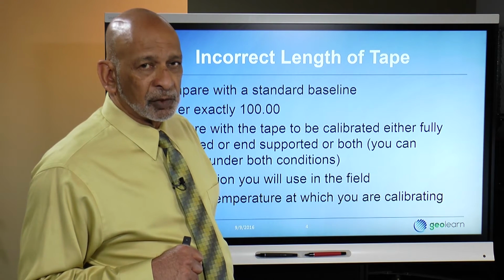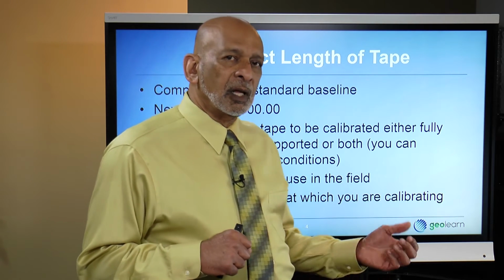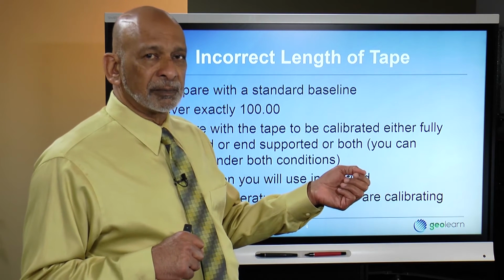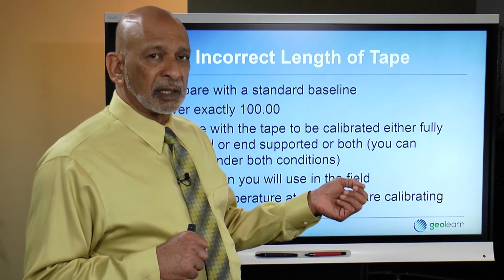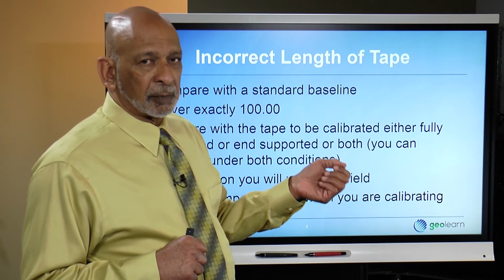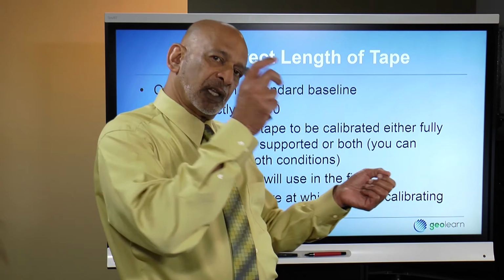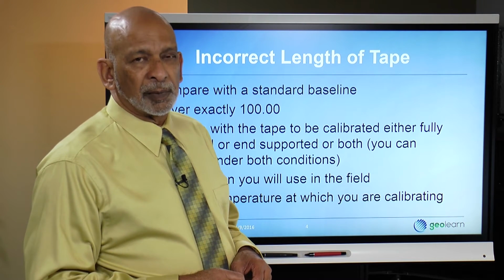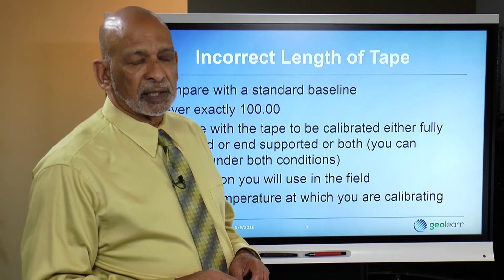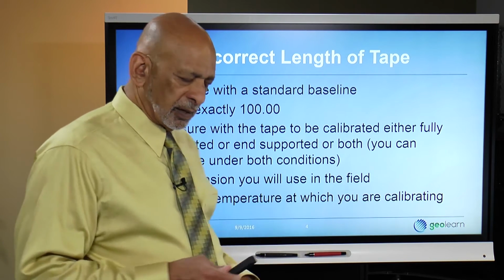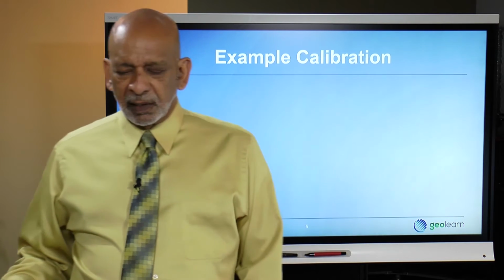What you want to measure is the temperature of the air in the shade. So you have to somehow get the bulb shaded so that the rays of the sun are not directly hitting the sensing part of the thermometer, because that can cause an artificially high reading. So that's another really important part.